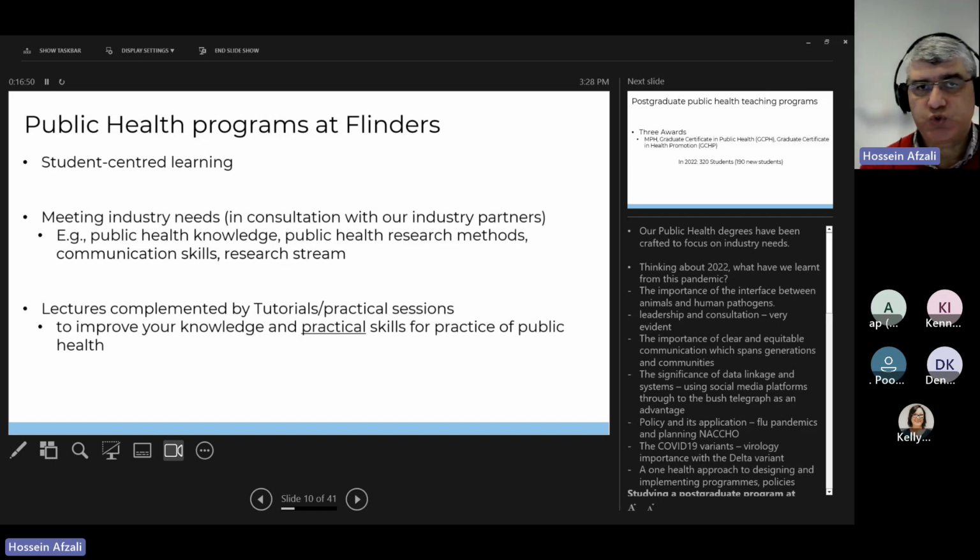And then we try to apply the knowledge and skills that we have in order to meet those needs by providing all the key skills that public health organizations need here in Australia and internationally.